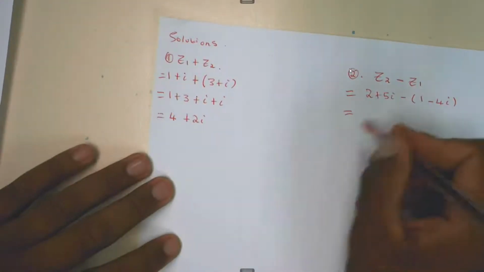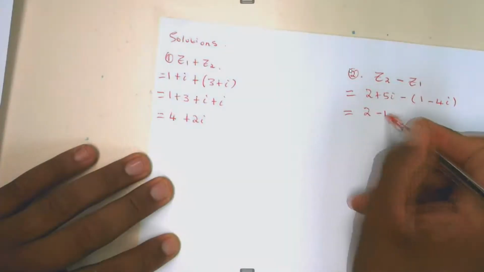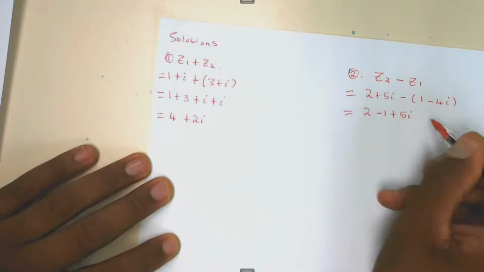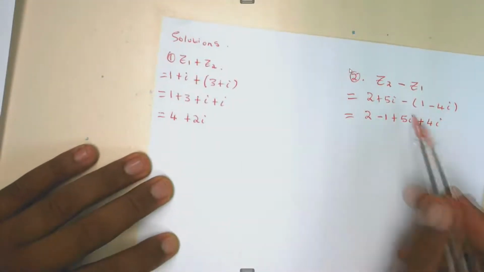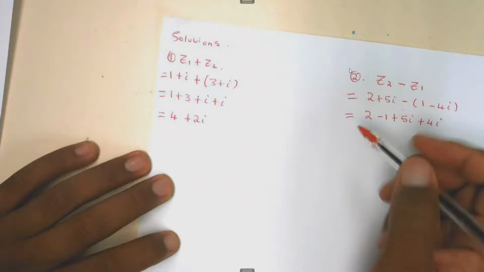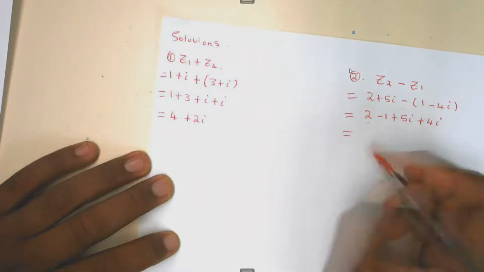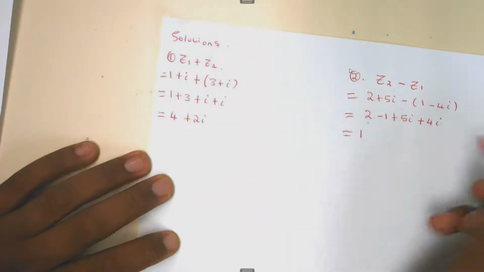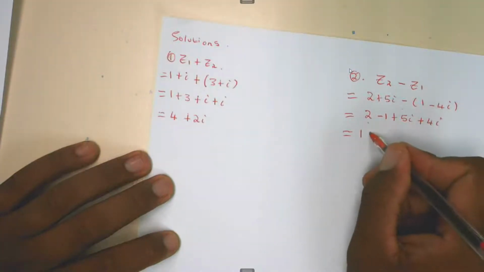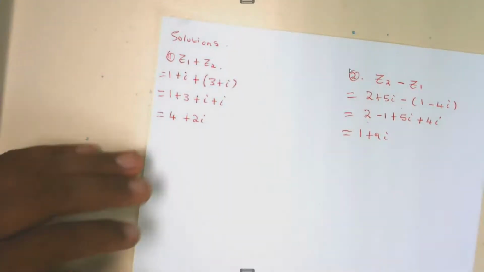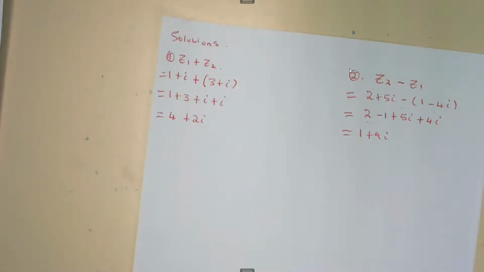Then we are going to have 2 minus 1 plus 5i plus 4i. Remember, we distribute the negative inside the bracket. So 2 minus 1 is 1, 5i plus 4i will be 9i. That's what we have under addition and subtraction of complex numbers.